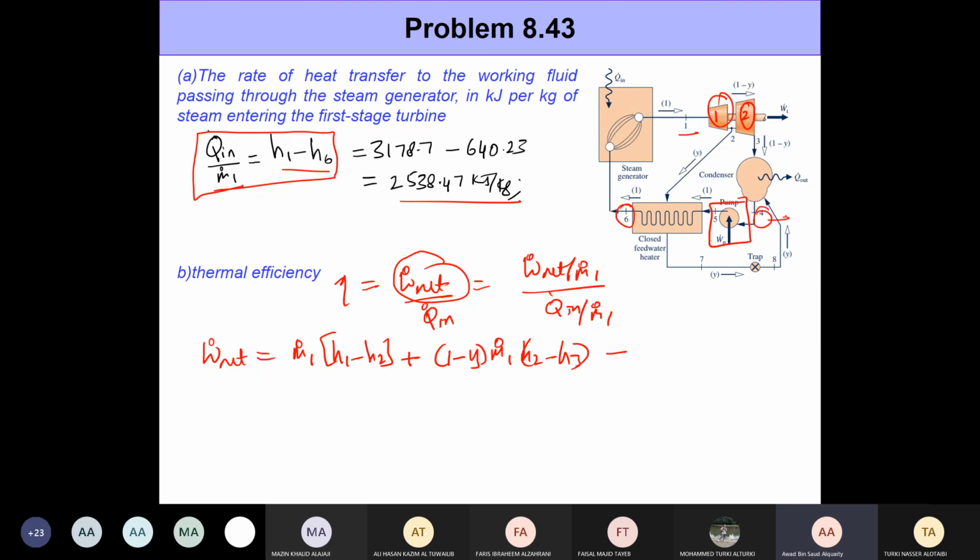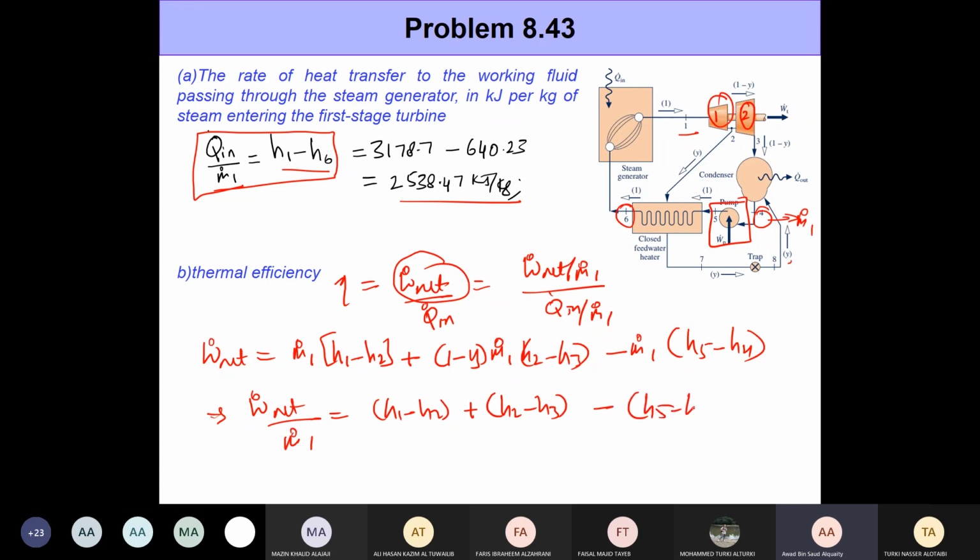Now at stage 4, we said everything had joined together, the two fractions, y and 1 minus y. So we are having m dot 1, so minus m dot 1 times h5 minus h4. All right. So net work output by m dot 1 is simply equal to h1 minus h2 plus (1 minus y) times h2 minus h3 minus h5 minus h4. Okay. Sorry, I missed the 1 minus y here.